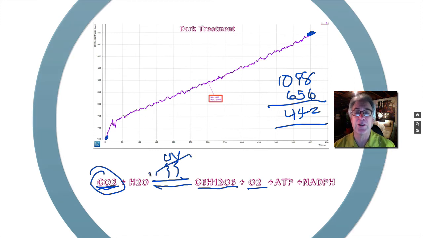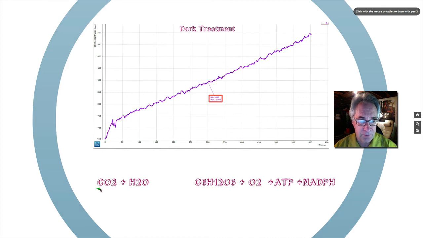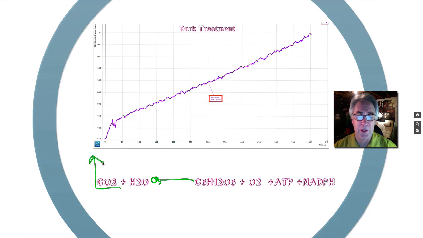So what could possibly go on to be able to increase the CO2? Look at the equation. We'll notice here in this equation, if it goes in this direction, then CO2 is actually given off as a waste gas. So what are the plants really doing besides photosynthesis? And this is what came as a surprise to many students: wait a minute, if the lights go off, it can't go in this direction.